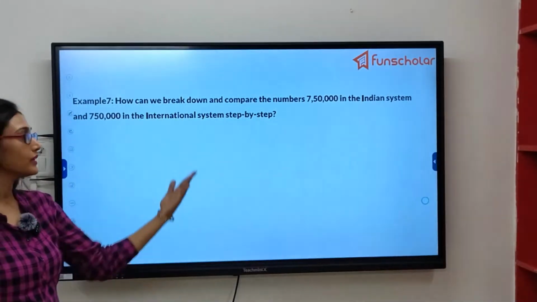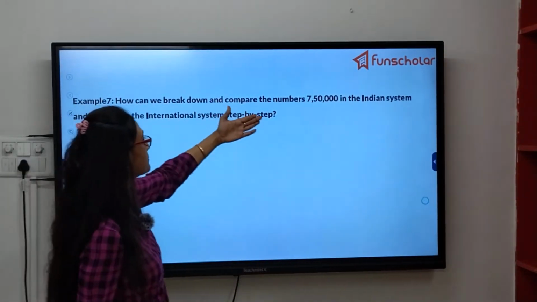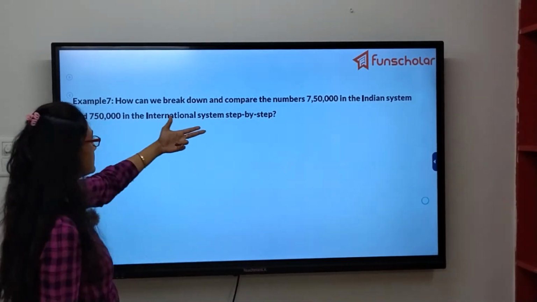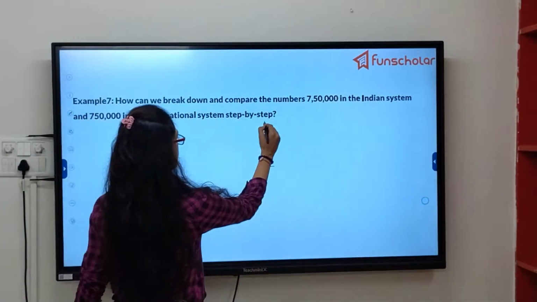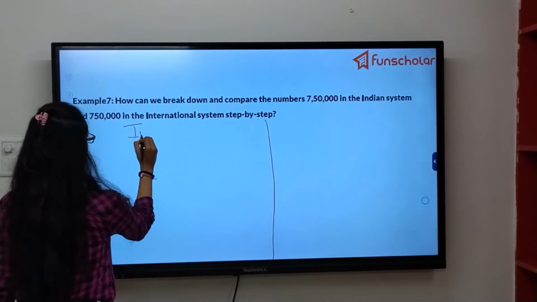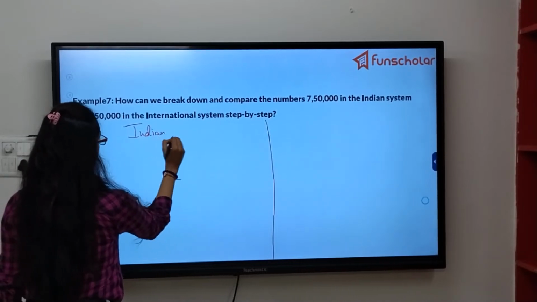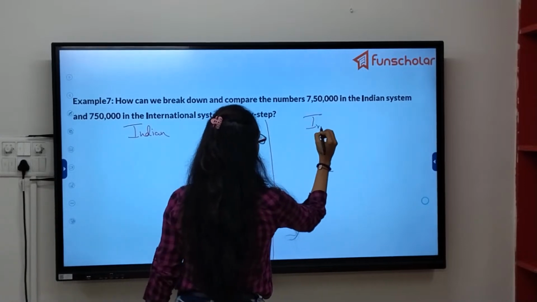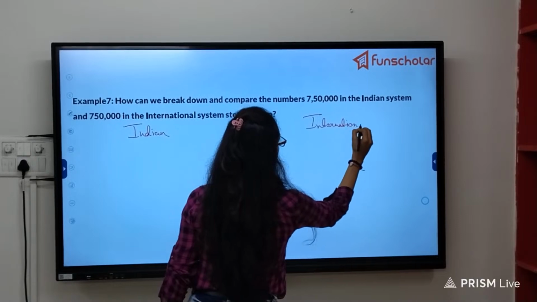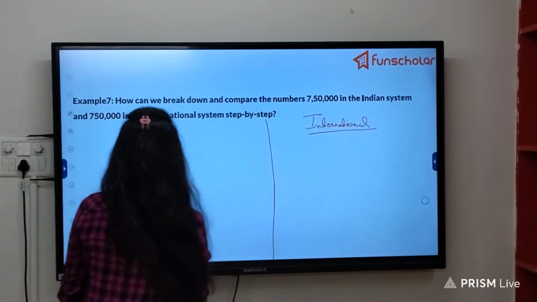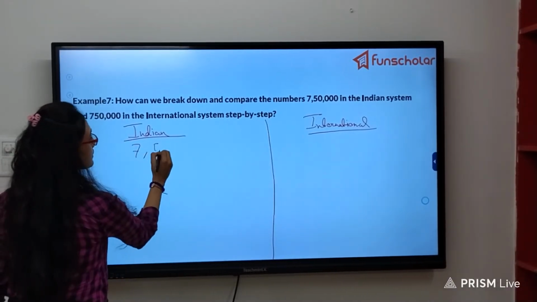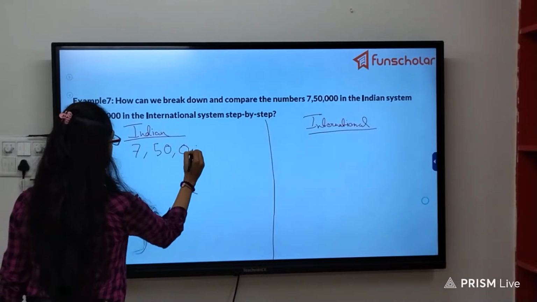Okay. Now it is given here how we can break and compare this number in both the Indian system and the international system. Okay. So I am drawing a box for Indian and another one for international. So in Indian it is given 7,50,000.